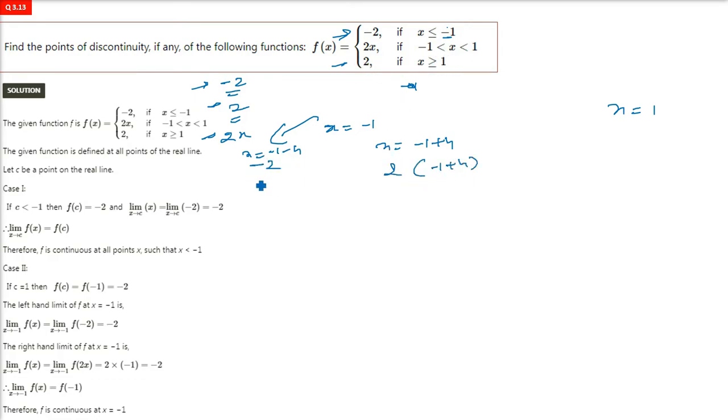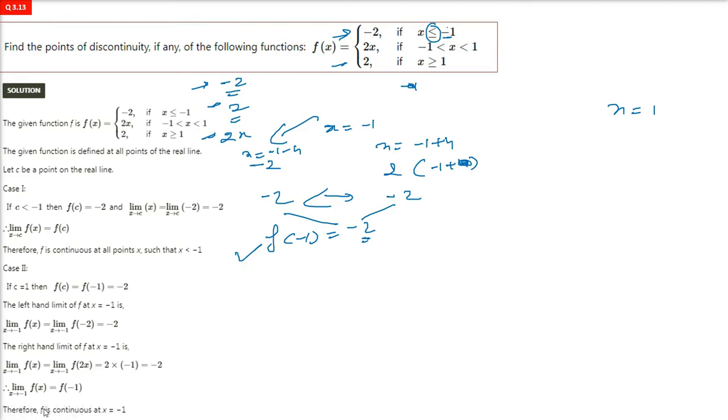So it is -2 already on the left hand limit. Apply this right hand limit h tends to 0, so it is -2. So LHL and RHL are equal. Okay. So f(-1), the value of the function at -1, is already given as -2. LHL, RHL and the value of the function at -1 are -2. So this function is continuous at x equals -1.